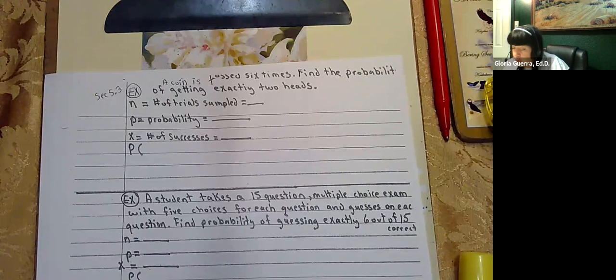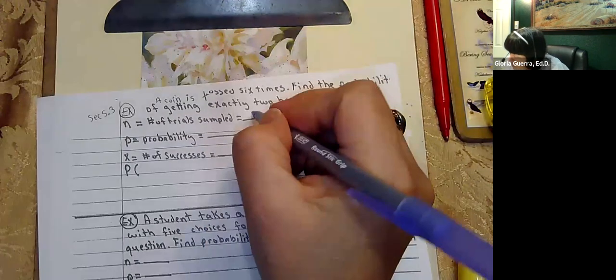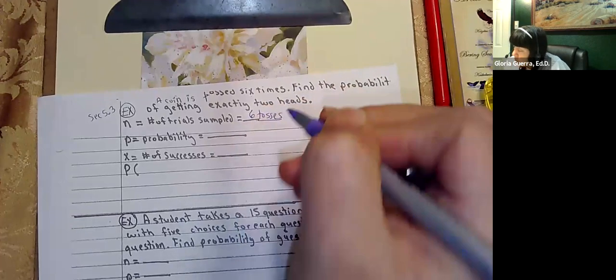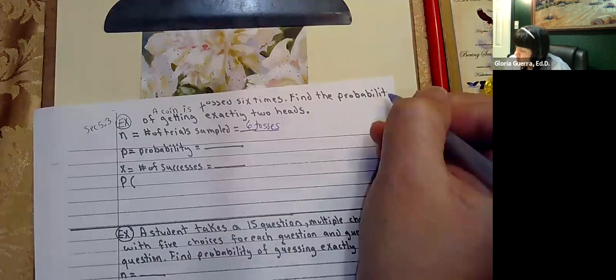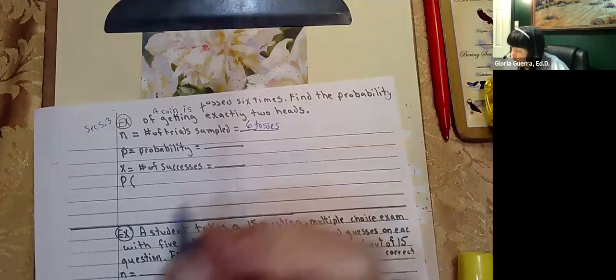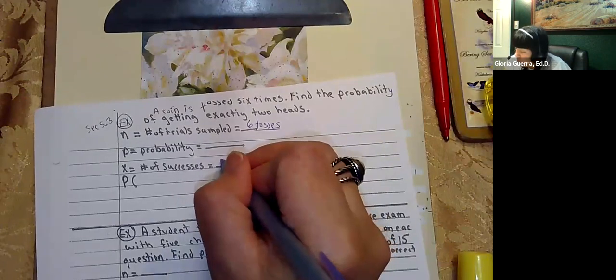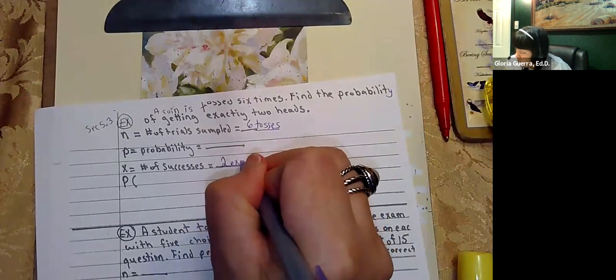All right, so then that would be your number of trials. So 6 tosses. Find the probability, this got chopped off, of getting exactly 2 heads. Okay, so on your number of successes, it's 2 exactly.